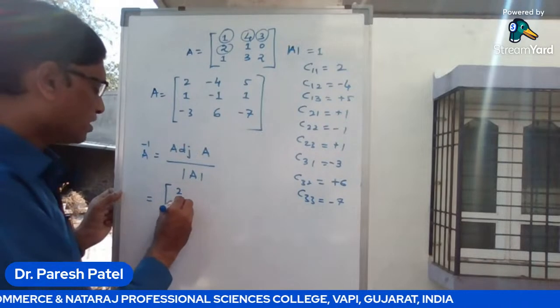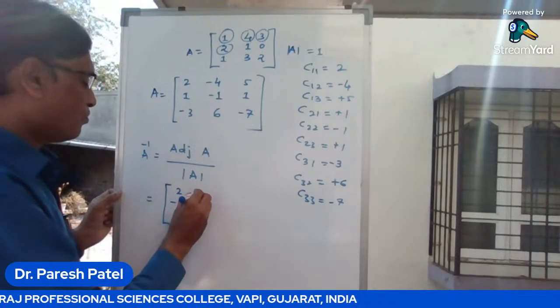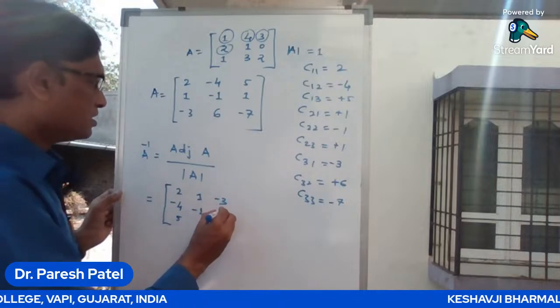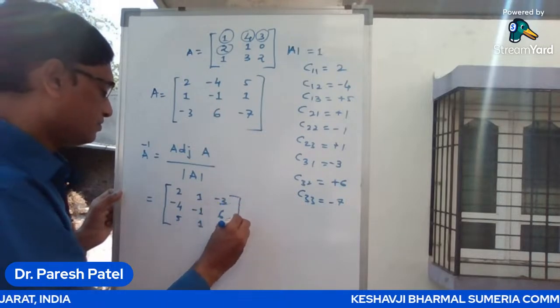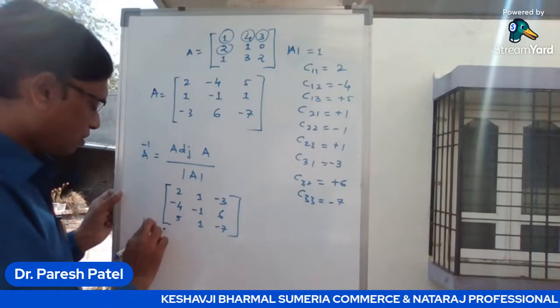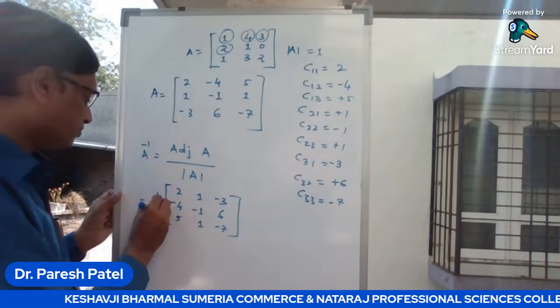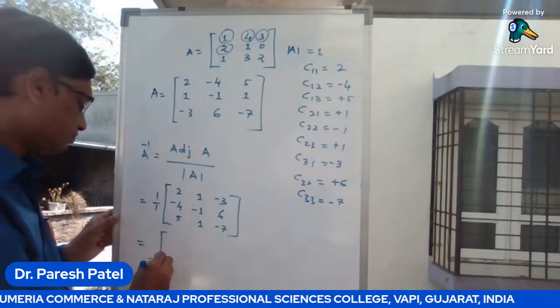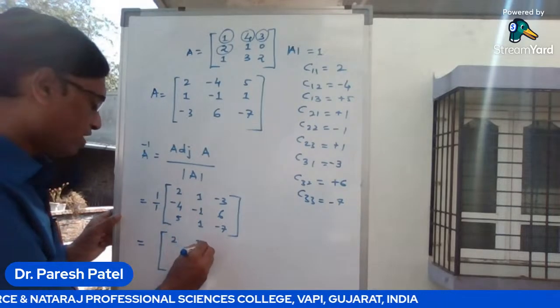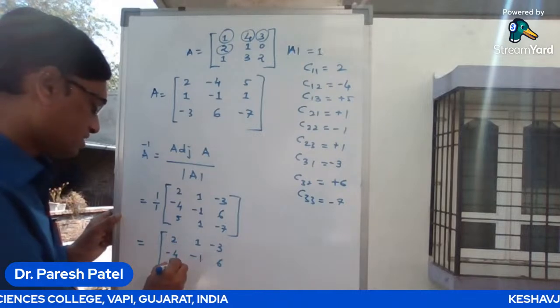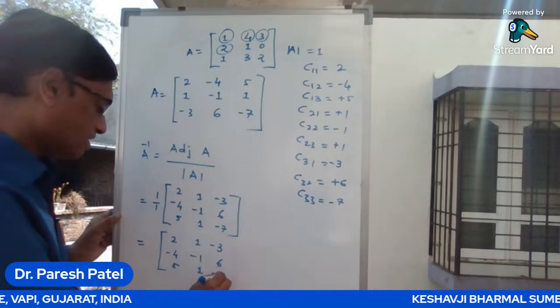So the matrix 2, minus 4, 5, 1, minus 1, 1, minus 3, 6, minus 7 is divided by 1. So it is equal to 2, 1, minus 3, minus 4, minus 1, 6, 5, 1, minus 7.